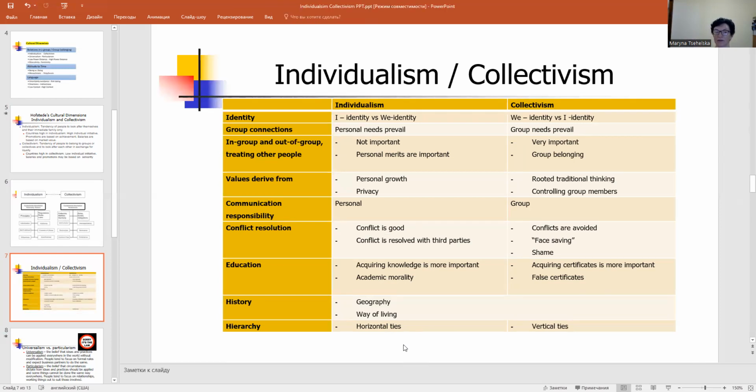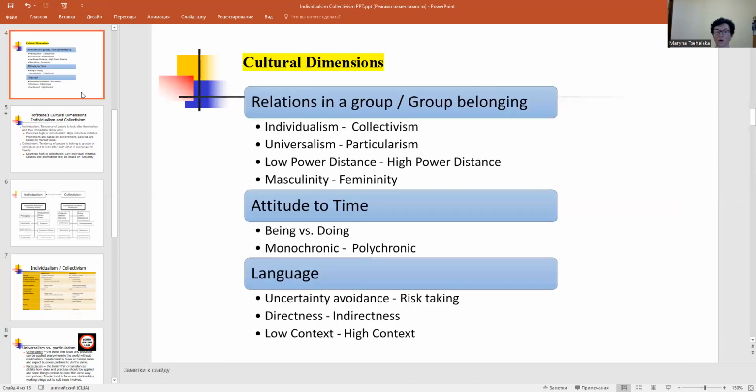In individualism, the ties are horizontal, and in collectivism, the ties are vertical. So if we go back to the beginning of our video, we'll see that these are the two important dimensions when we think of relations inside the group.